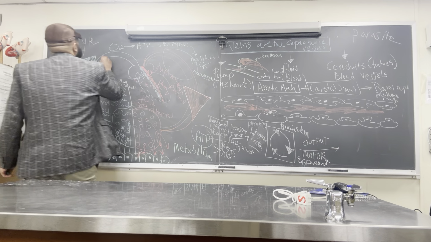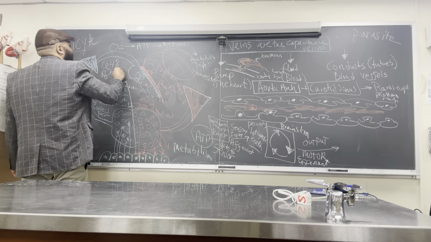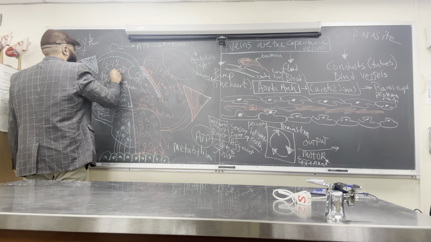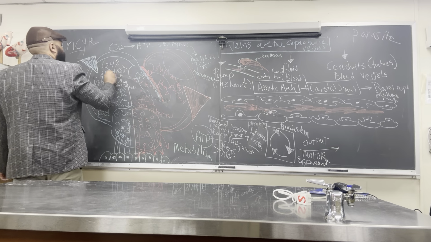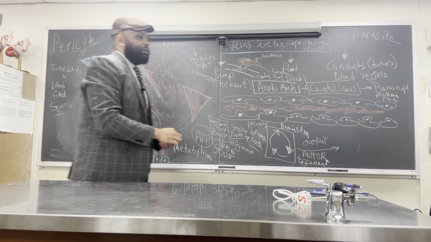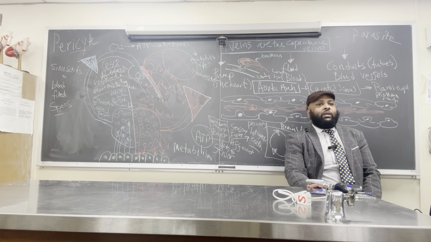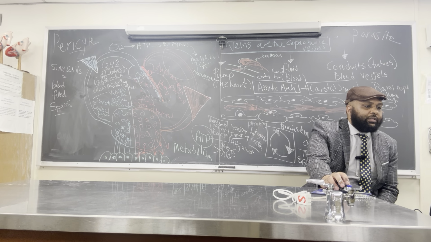64% of your blood is found in the veins, and they have steady blood flow, and they are subjected to relatively low blood pressure.